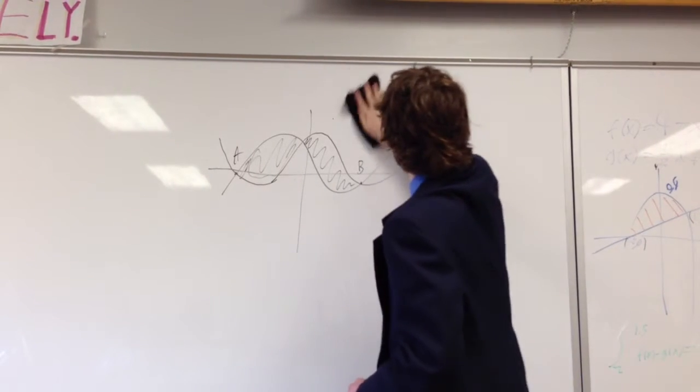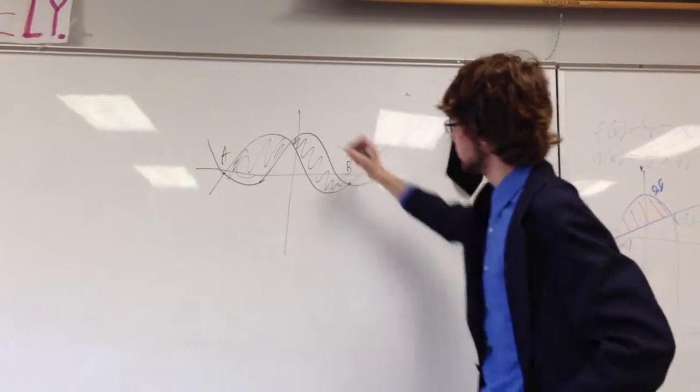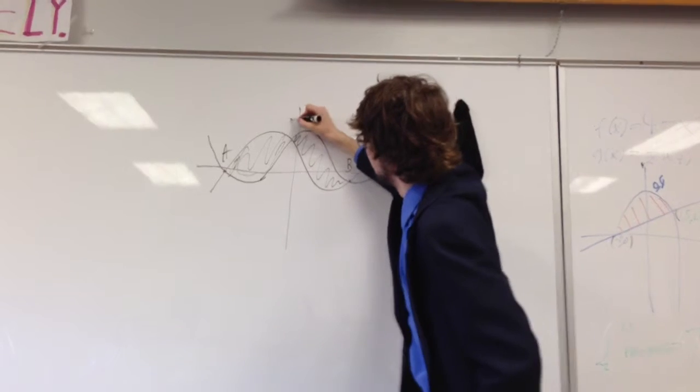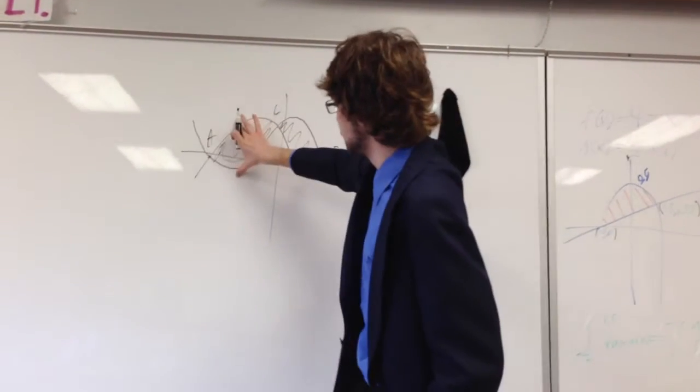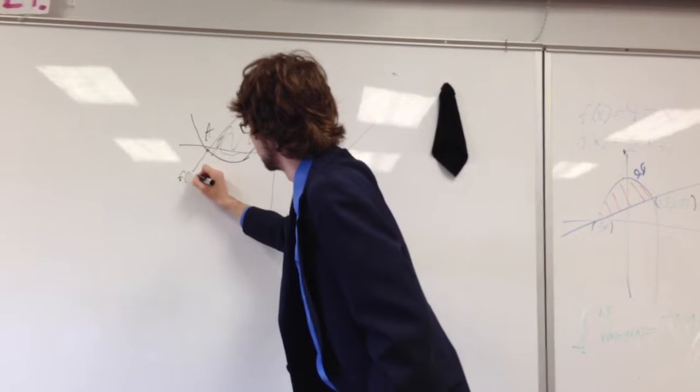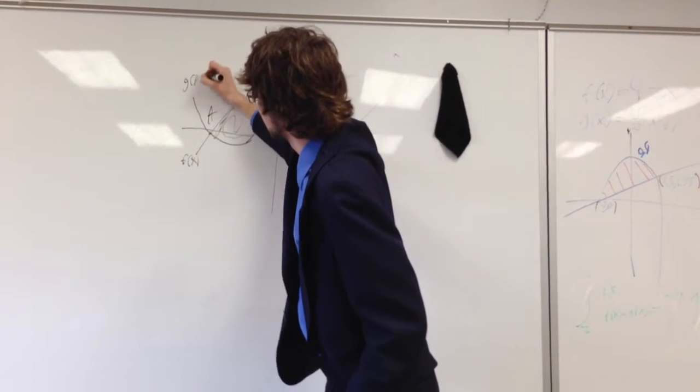First is you can find the point where they cross over, like let C, and let's make this f of x, and this one here, g of x.